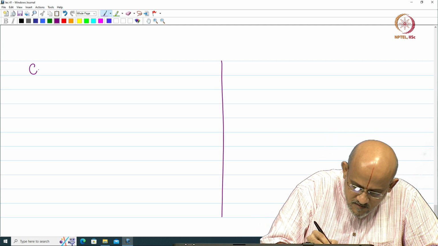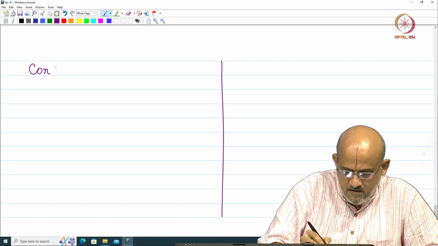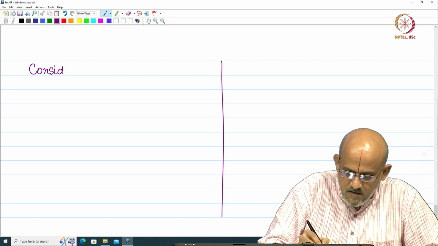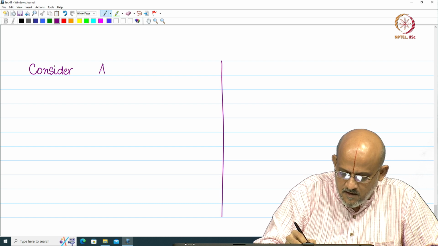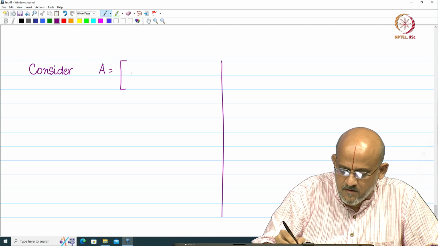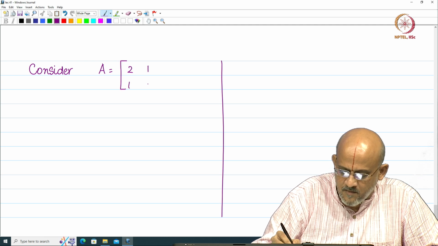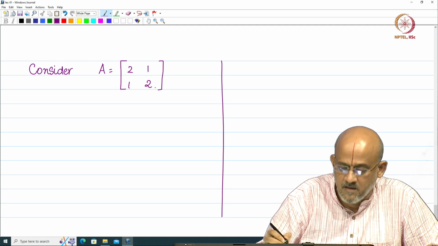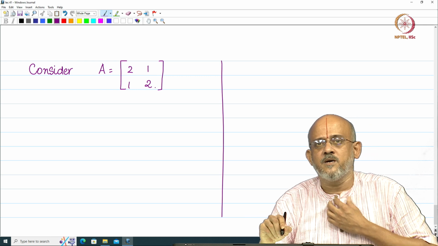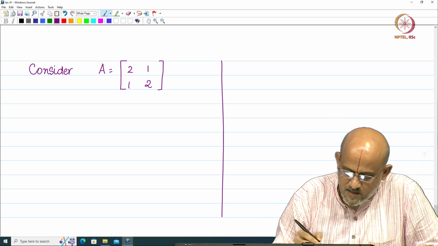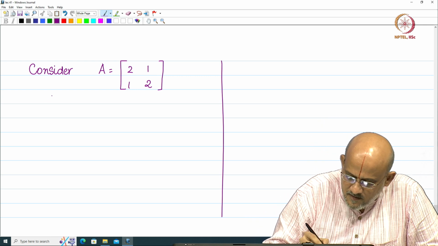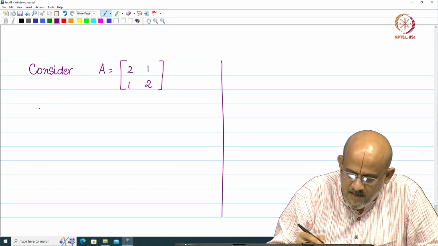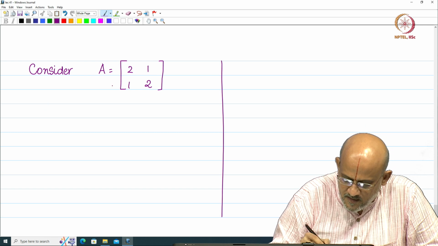Okay, consider A is equal to 2 1 1 2. This is the matrix that we have been working with for quite some time. We know the eigenvalues for this matrix, we have already done it, let us do it again.